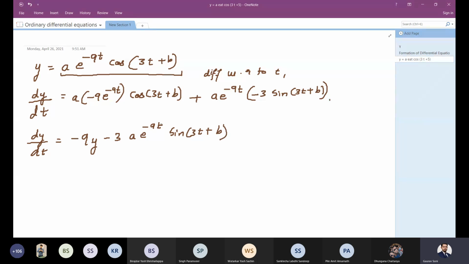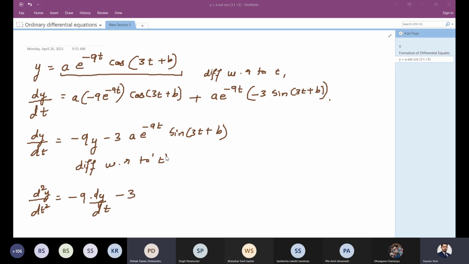Now we can differentiate this once again with respect to t. We get d2y by dt square is equal to minus 9 dy by dt, minus 3 outside.